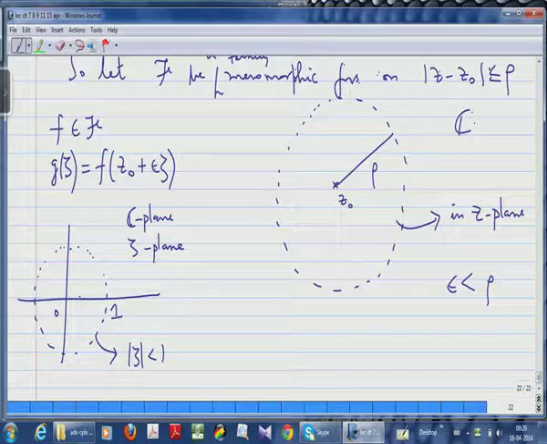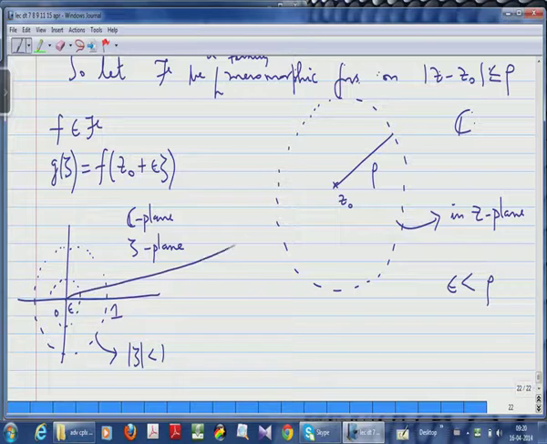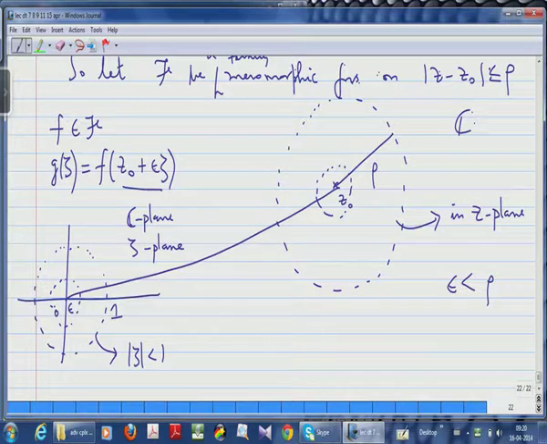Then adding z0, I am just translating it to give a small disk of radius epsilon centered at z0. So you multiply zeta by epsilon, then add z0, which is translation by z0.